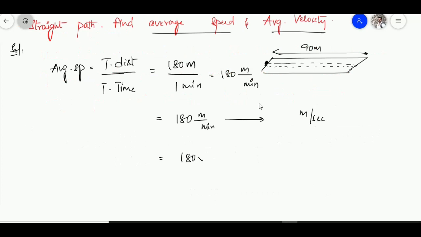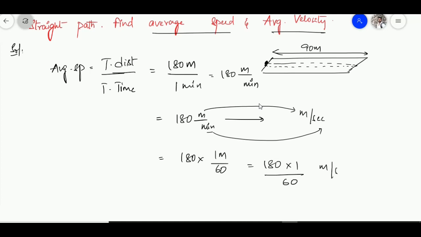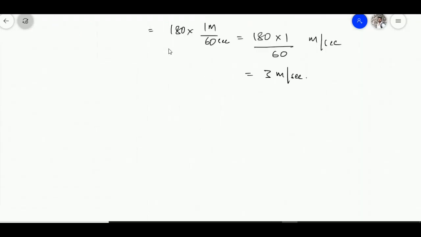So 180 into 1 meter by 1 minute, and 1 minute equals how many seconds? 60. So 180 into 1 by 60 meter per second. So here I have to make it seconds. So that is 3 meter per second. So that's how we computed average speed. Now we have to deal with average velocity.